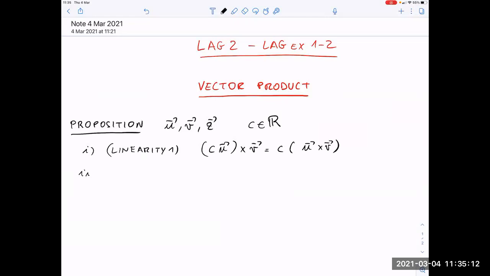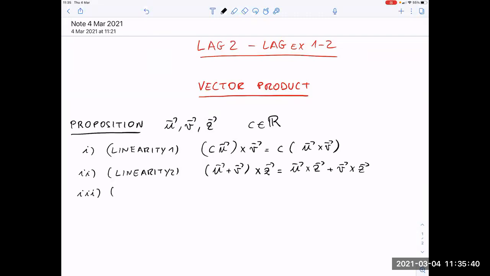Then we have the second part, which is linearity 2, which tells me I can split over the first factor. And then we'll have a property telling me how to split over the second factor if it is what I want to do.